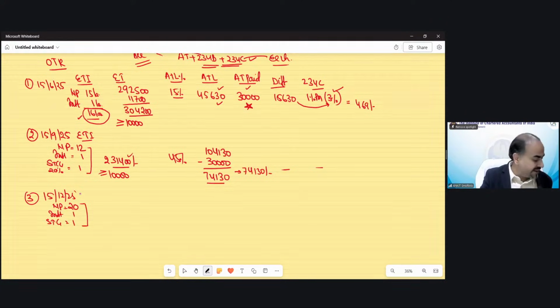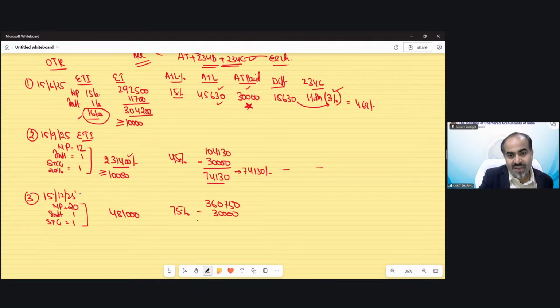So now my tax would be 4,81,000. 75% would be the estimated tax liability. That would be 360,750. And we have paid 30,000 in the first case and 74130 in the second case. So now my liability is 256620. If I deposited the full 256620, there would not be any 234C interest.